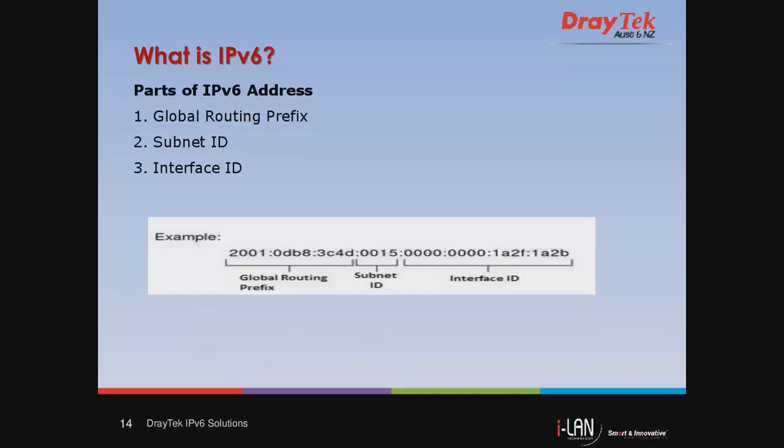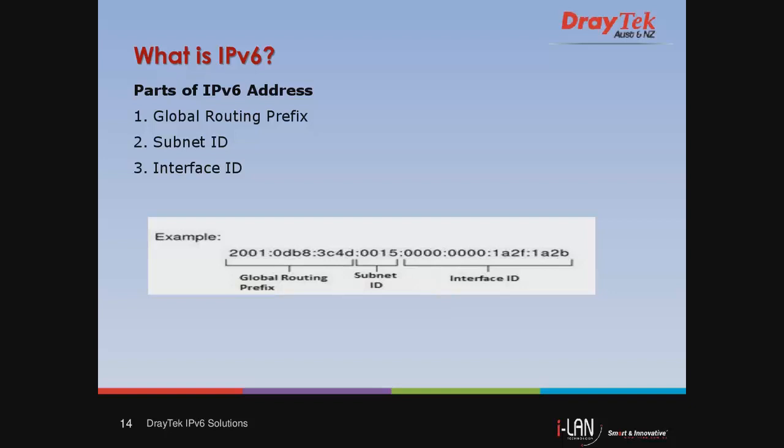There are different parts or groups of an IPv6 address, just like IPv4. The first group is the global routing prefix, which is the first 3 groupings of numbers, or first 48 bits. It is also called the network ID, used for routing.